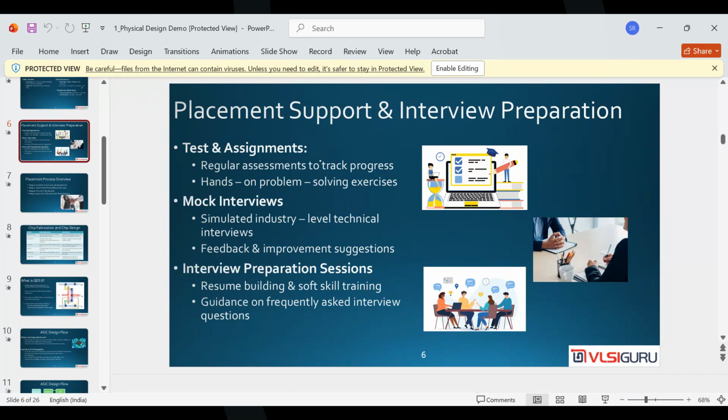So apart from this, any questions you have regarding any guidance, you are always welcome. There is a managing team here on the ground floor. You can always visit there and discuss your problem or issue. Sometimes some people are slow learners, they will take some extra time, they will need some extra classes, right?